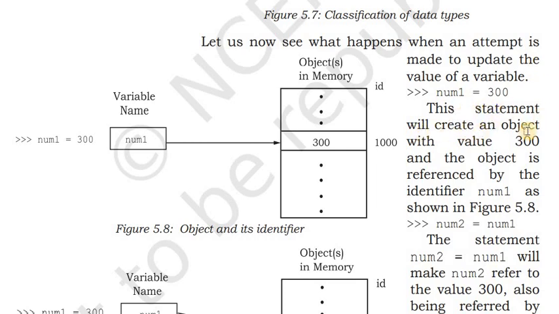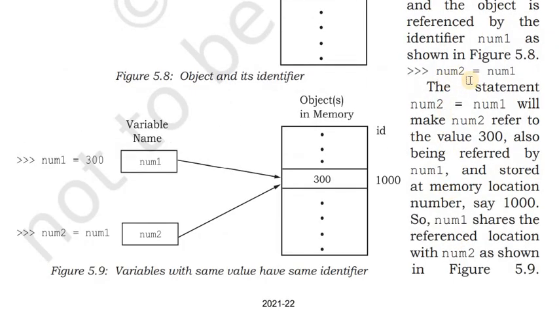This statement creates an object with value 300, and the object is referred to by the identifier num1, as shown in figure 5.8. Another variable is num2 equal to num1. Then num2 refers to the same value 300, and its ID is 1000.